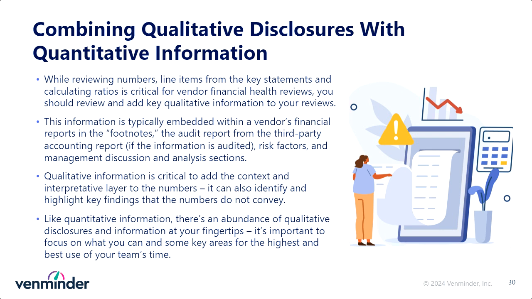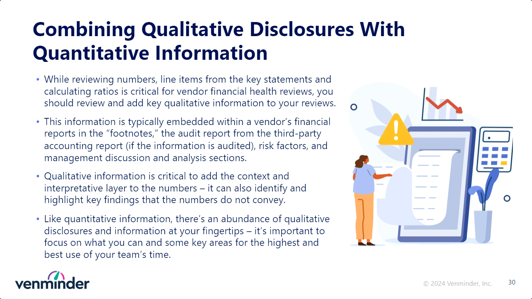Thank you, Jesse, and thank you all again for answering that poll question. Informative. So I previewed this a little bit to end the prior section, but let's jump right in. From a qualitative point of view, you want to combine qualitative disclosures with the financial or quantitative information we just talked through. Numbers are important, but you also need context behind the numbers.